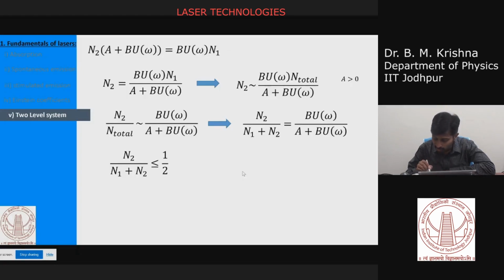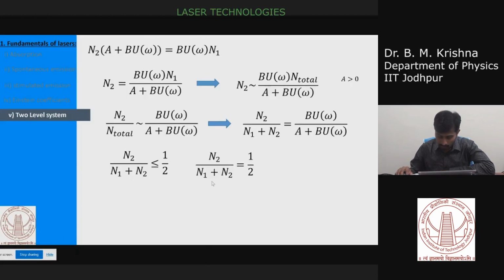So whatever the condition you take for B, you are always able to get this value less than or equal to 1 by 2. It happens that N2 by (N1 plus N2) is always less than or equal to one half.